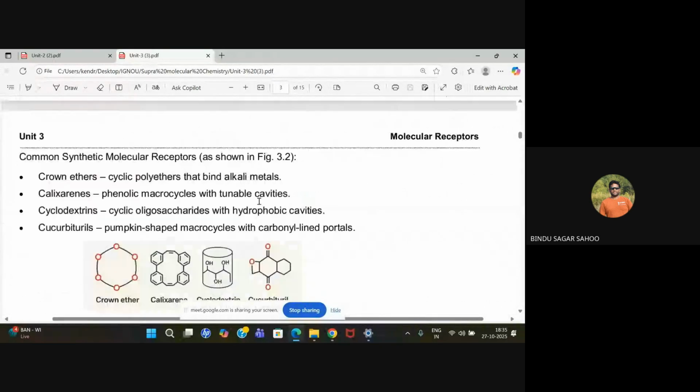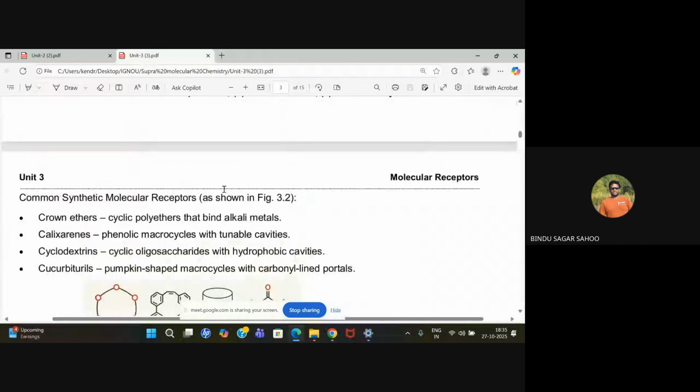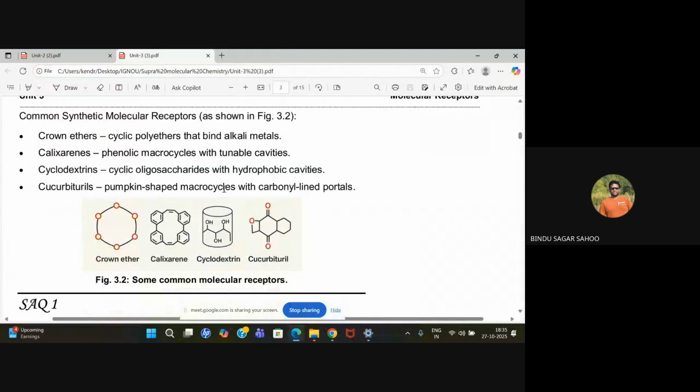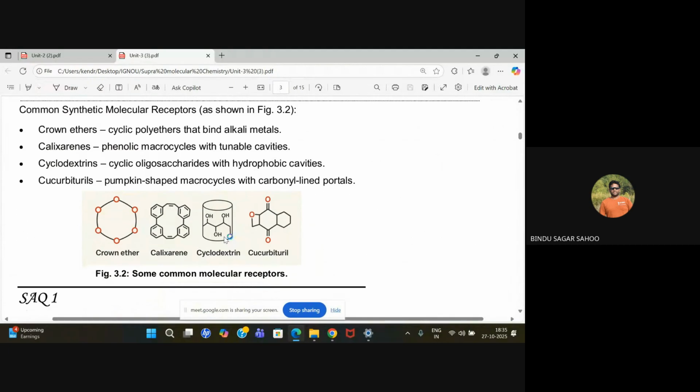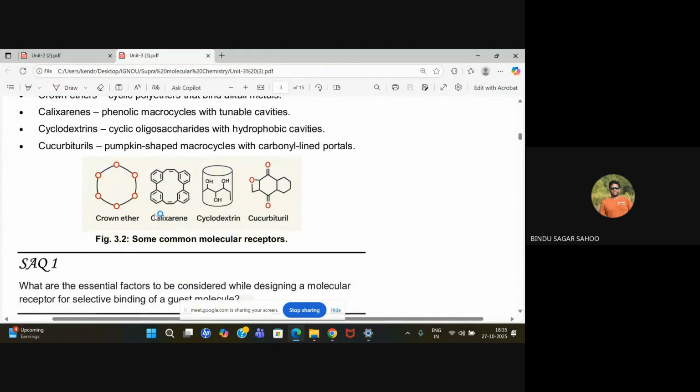Then some of the molecular receptors: the crown ether complex, calixarene, cyclodextrin, and cucurbituril. There are four types of complex you need to remember. Crown ether we already discussed, and calixarene too.